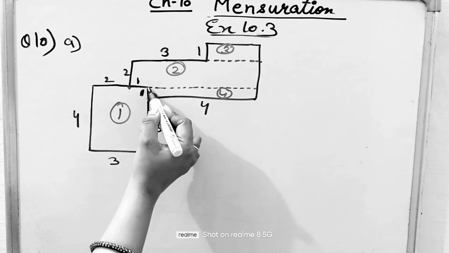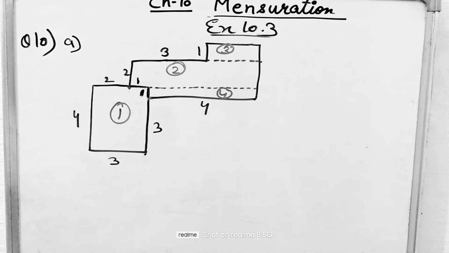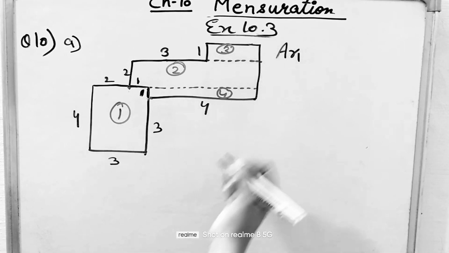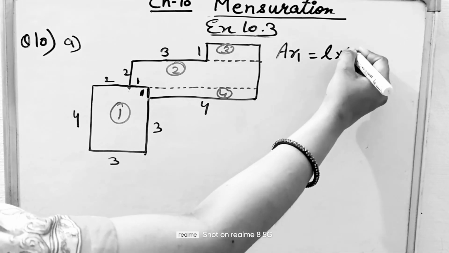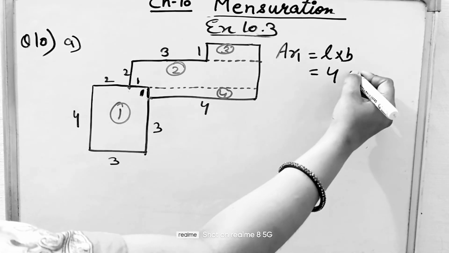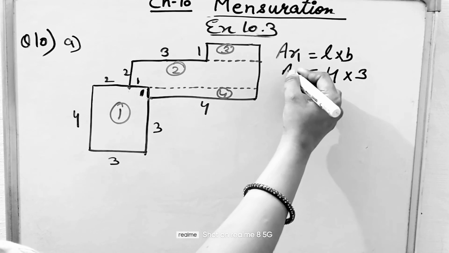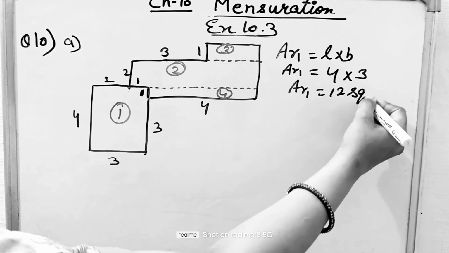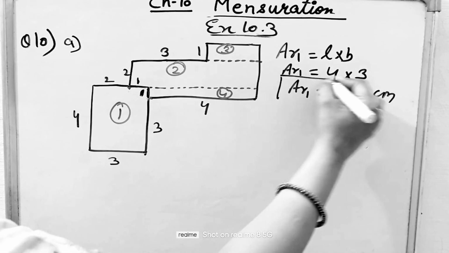So this is 1 centimeter. Now you just have to find the area of the first one. So I am writing area of 1. Length multiply breadth. Length is 4, so the area becomes 12 square centimeters. This is the first one.